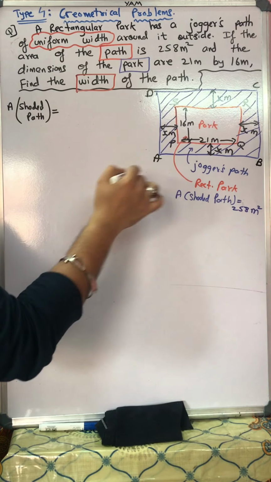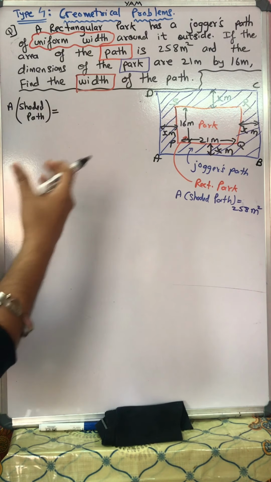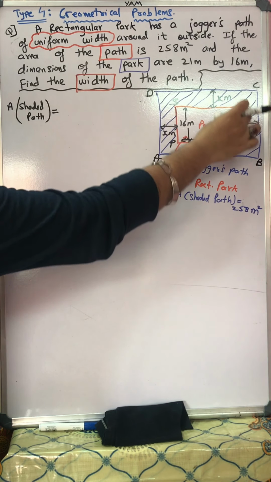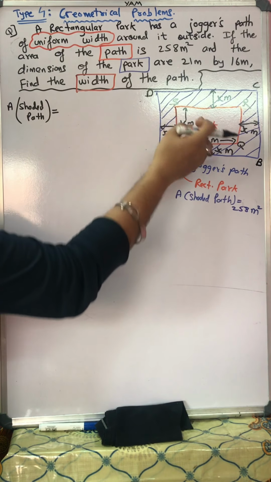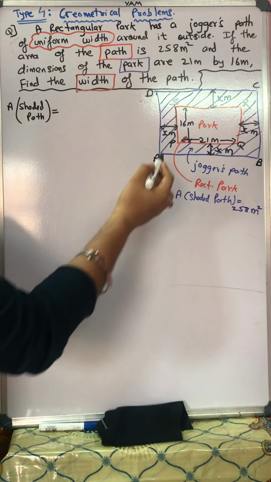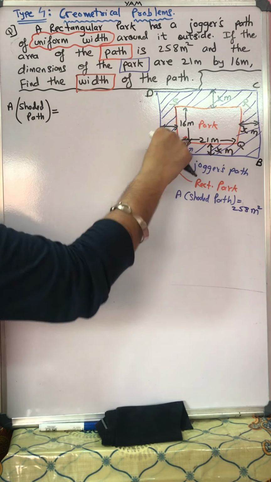The bigger rectangle is ABCD, and in it my shaded path is also coming, and my orange rectangular park is also coming. And when I say PQRS, then I am just concerned with my orange color park.